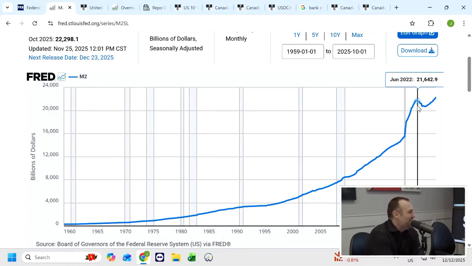It all relates back to that. If you want to see where unemployment is going, it's like, well, how easy is it to get capital to start something? Yeah. You know what I mean? How easy is it to get capital to start projects and build projects and businesses? It all relates back to that.